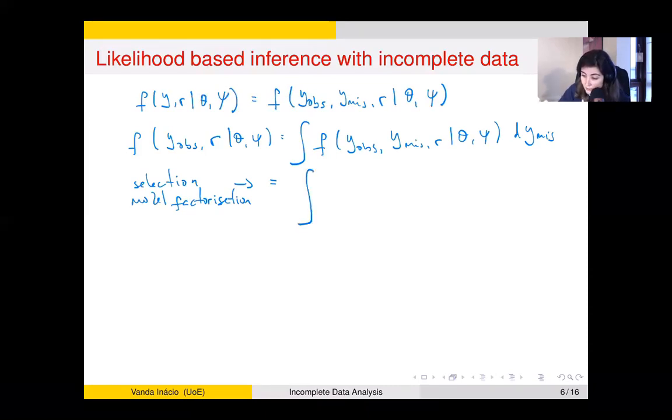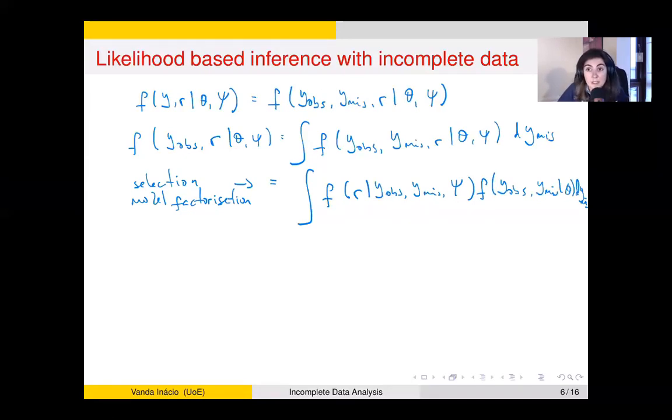And I know that what I have is f of r given y observed, y missing, and psi, the parameter of the missing data model. And then I have my model for the complete data, y observed, y missing, theta, and I'm integrating with respect to the missing values.